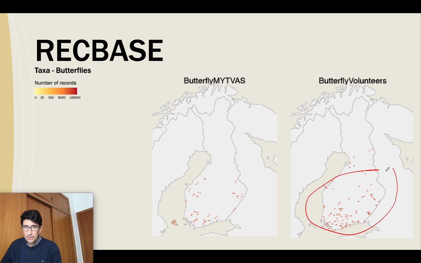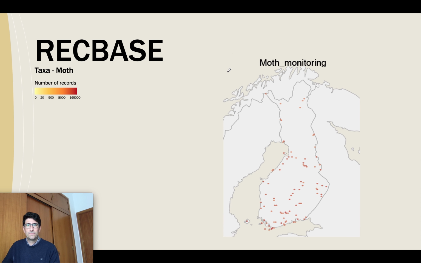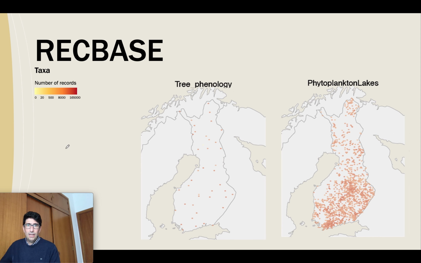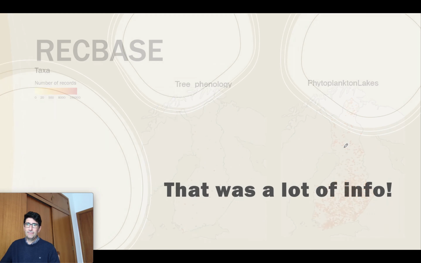Maybe more records here, and more in Holland here in butterfly monitoring. Moth monitoring. And finally, we see tree phenology and phytoplankton list. There are a lot of records, and of course, only images.